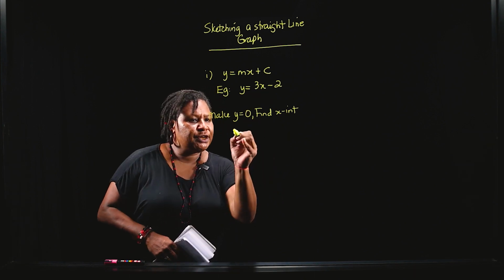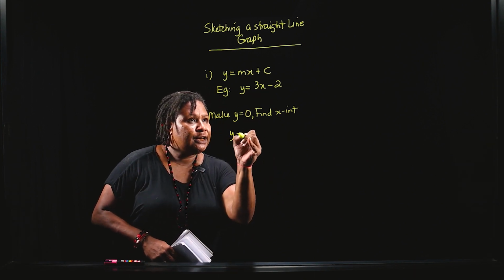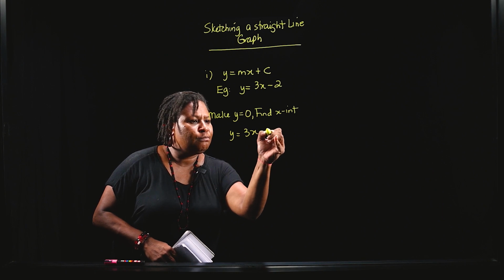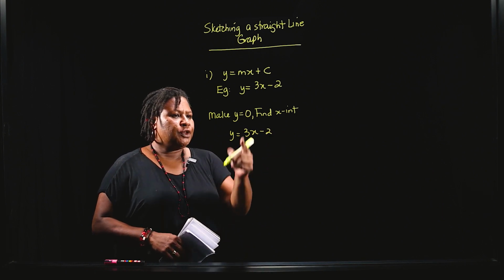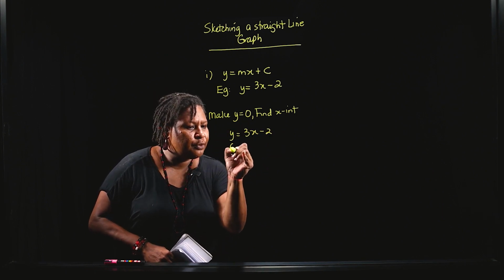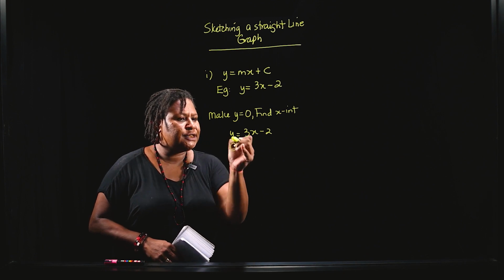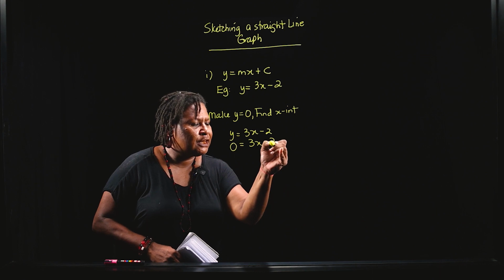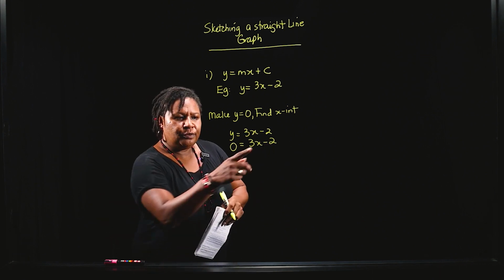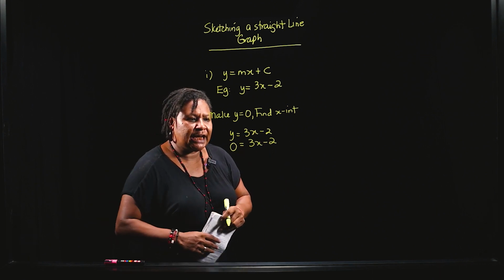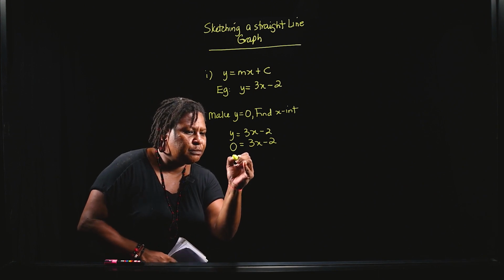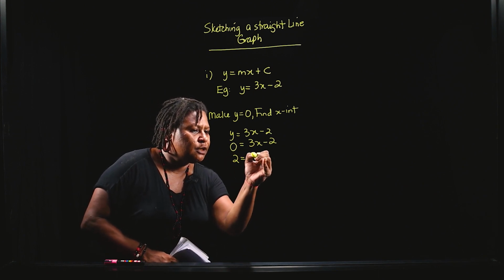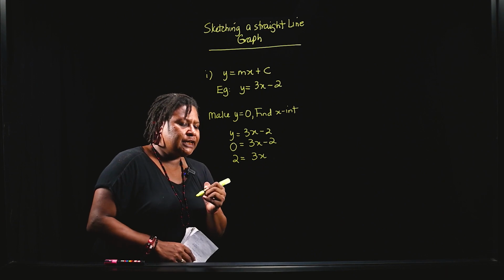So using the equation, we have y equal to 3x minus 2. Y will be equal to 0, so we write 0 in place of y. We have 0 equals 3x minus 2. We have to take 2 across to this side, so when we move it across, it becomes positive 2 equal to 3x.